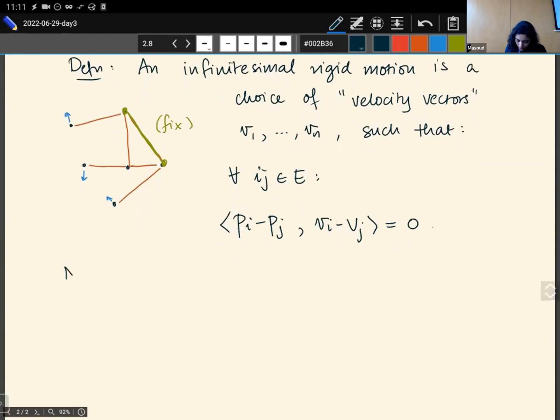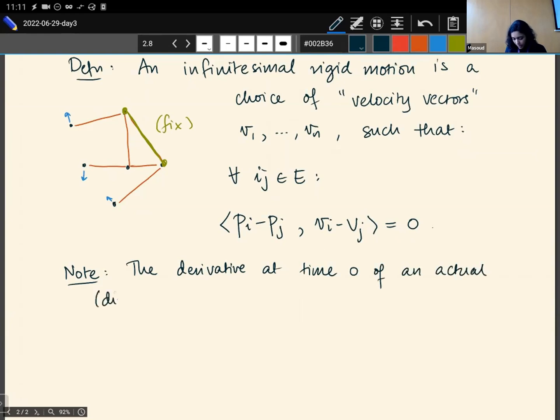So note that the derivative at time 0 of an actual rigid motion, that's differentiable, of course, is an infinitesimal rigid motion.